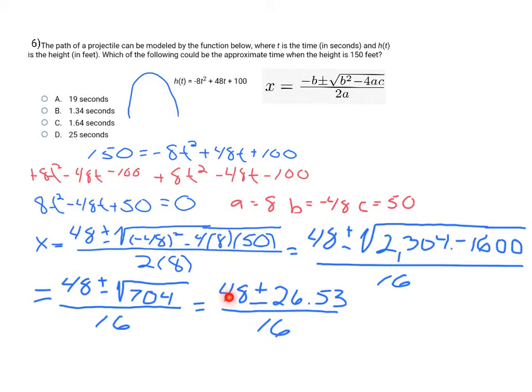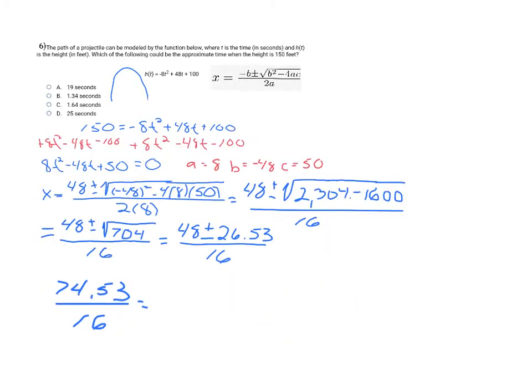And so now I have to do the plus version of this problem and the minus version of this problem. So I'm going to take 48 plus 26.53, and that gives me 74.53 over 16. And then when I do that division, I get 4.66 seconds. And then I have to do the same thing for the subtraction. So I'm going to take 48 minus 26.53 divided by 16.